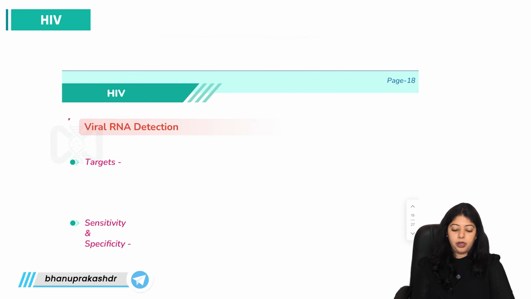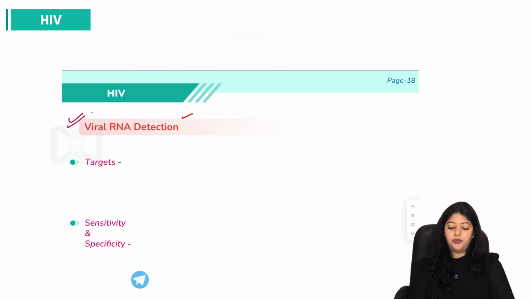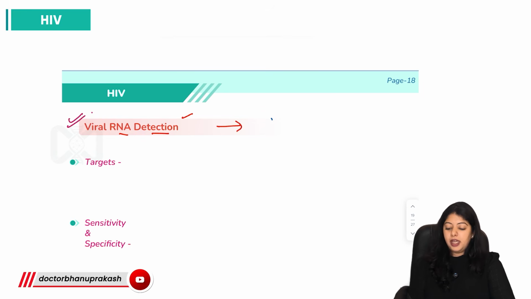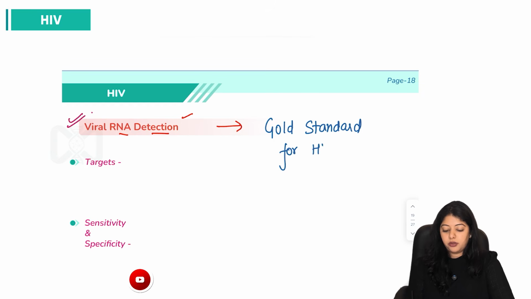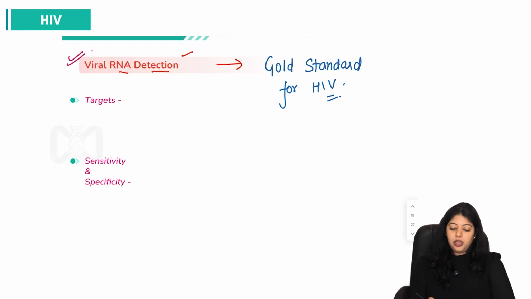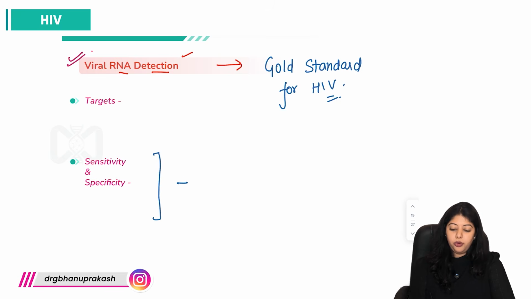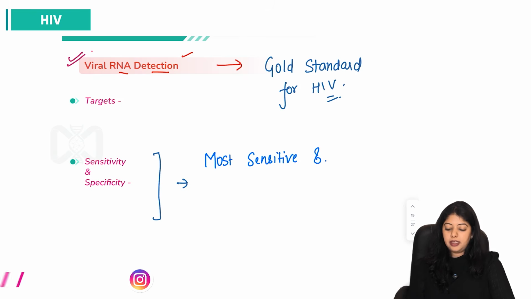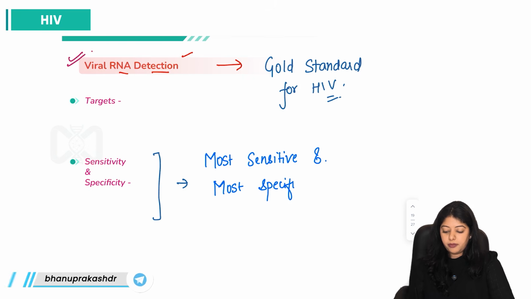Now let's also talk about another important confirmatory test, which is viral RNA detection. So this particular test is the gold standard for HIV diagnosis, right? So it is the most sensitive as well as most specific test.